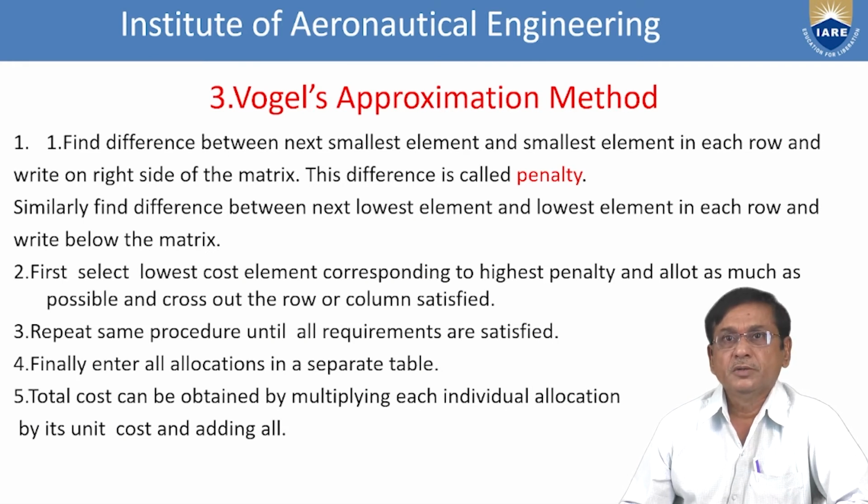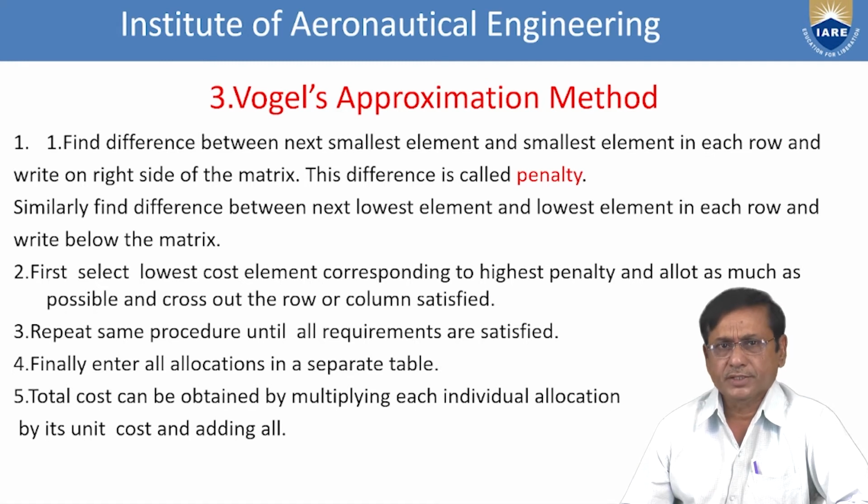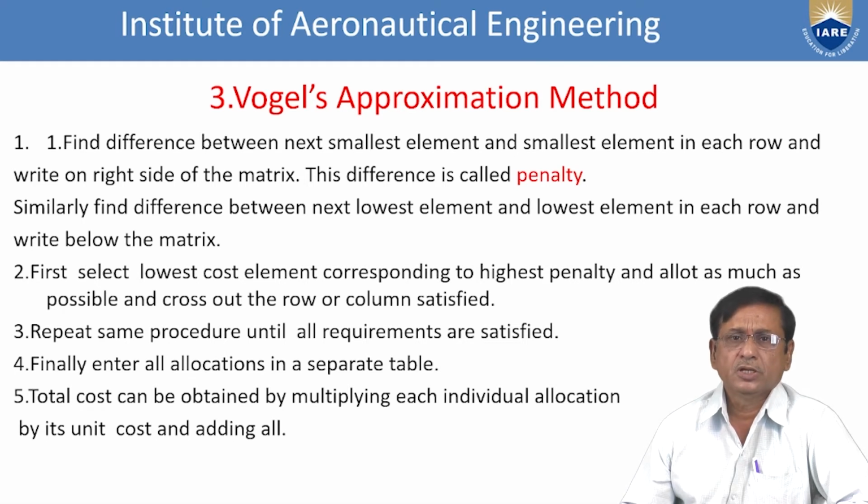The procedure for Vogel's approximation method is to find the difference between the next lowest element and the lowest element in each row and write it on the right side of the matrix. This difference is called the penalty. Similarly, find the difference between the smallest element and the next smallest element in each column and write it below the corresponding column.